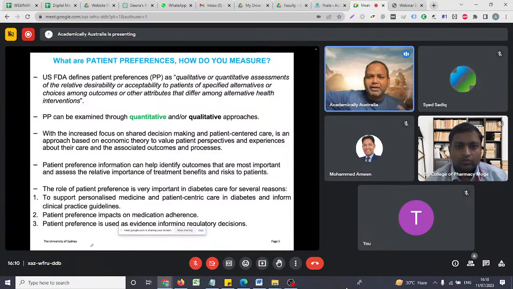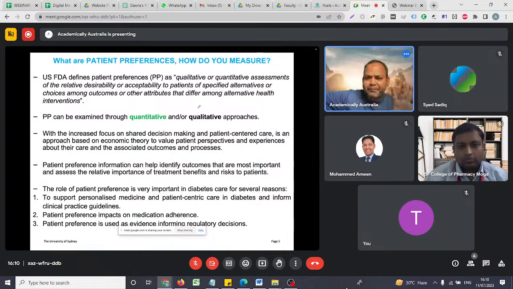So there are several factors we analyze in this kind of study. It can be a qualitative and quantitative assessment of the relative desirability or acceptability to patients of specified alternatives or choice outcomes or attributes.